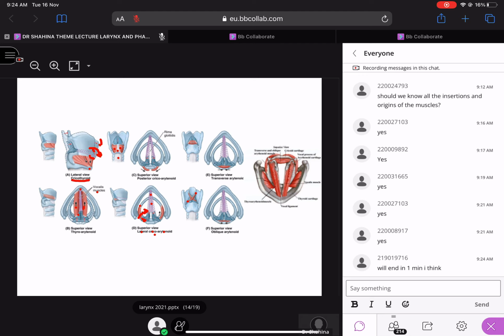When they pull like this, this will be closed. So the posterior muscle will close the inlet of the larynx, and the thyroepiglotticus, which is from the anterior side, will open the inlet of the larynx. Got it? Is this clear to you?